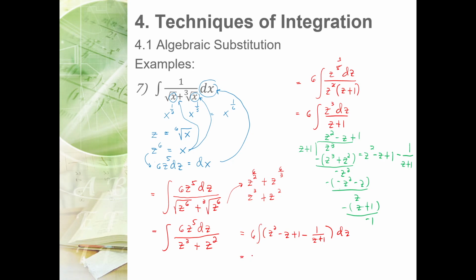So this becomes, I'll just shortcut because we don't have any more space, 2z cubed plus 3z squared plus 6z minus 6 ln of z plus 1 plus c.